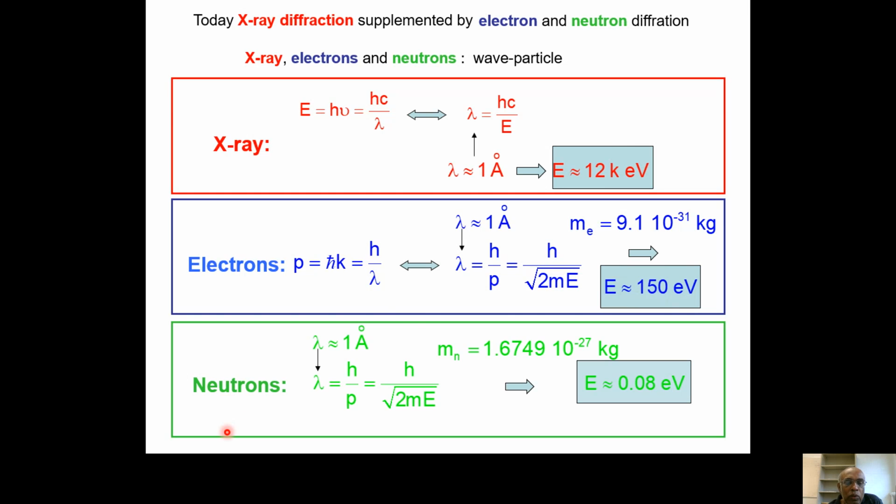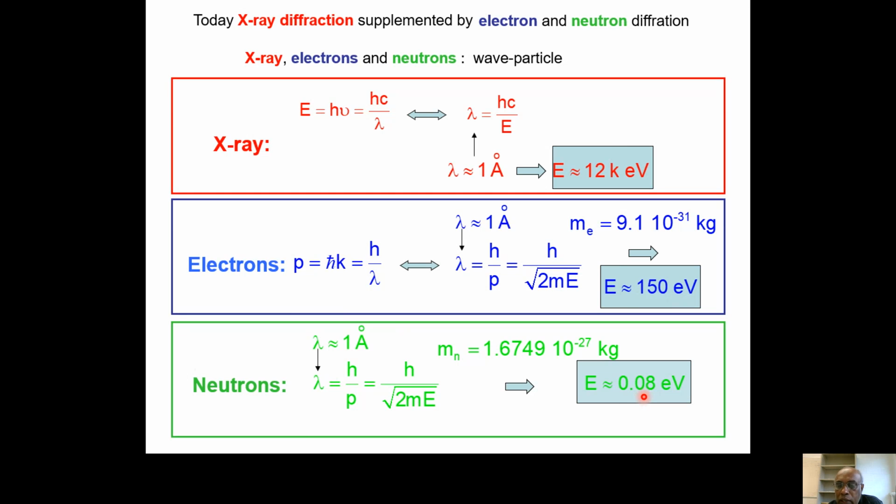Now if you consider neutrons, again, neutrons are particles, so we can define the de Broglie wavelength given by h over p. Again, p is square root of 2mE. Now we know the mass of the neutron. If we use lambda as our atomic lattice spacing, atomic distance, about 1 angstrom, you find the energy to be very small compared to the previous two.